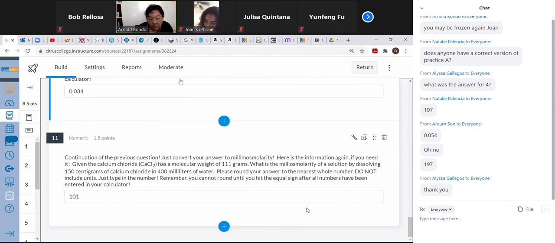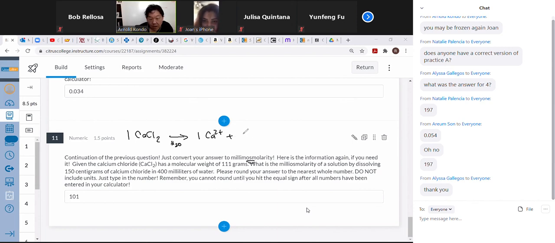The first thing we should do here, because this is the osmolarity problem, is remember that when you take calcium chloride and put it in an aqueous solution, it breaks up into 1 mole of calcium divalent ions but 2 moles of chloride. So this is where we end up with the 3 osmol factorial.